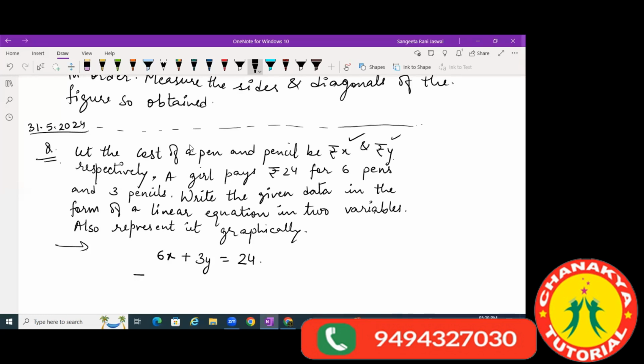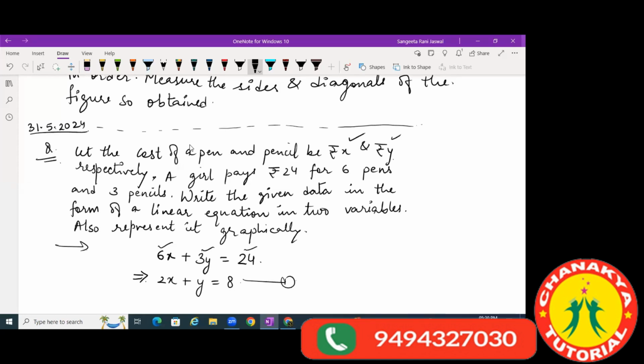Now, can you simplify the linear equation? You can see 6, 3, and 24 all come in the table of 3. So if you divide both sides of the linear equation by 3, you will get 2x plus y equals 8. Do you understand this, children?